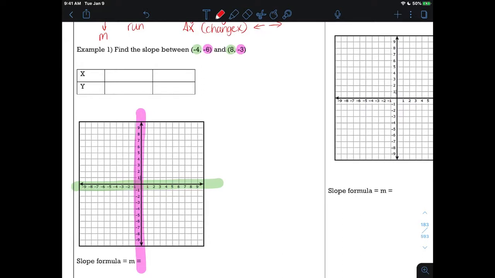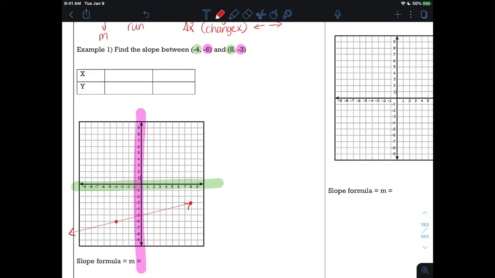Okay, I'm going to go ahead and just plot these points just because I'm going to show you all the different ways we can do this, okay? So, -4, -6, that's here. +8, -3, that's here. So I know for sure that these guys go exactly through the corners of the boxes. All right, and so we have our line.